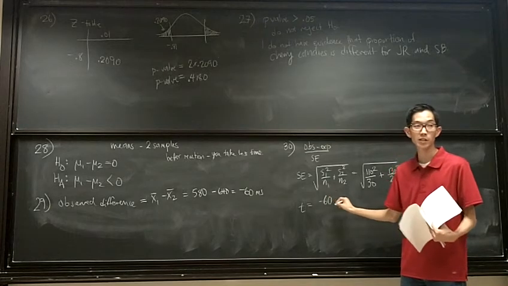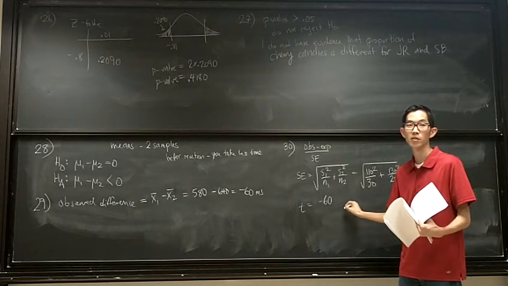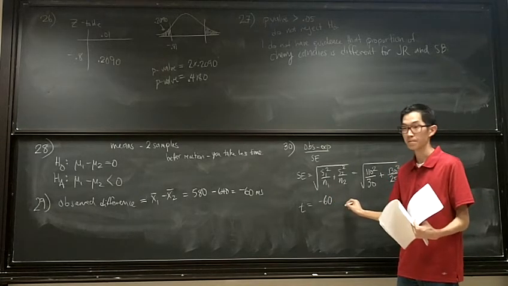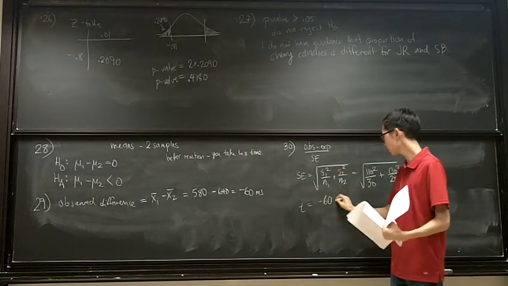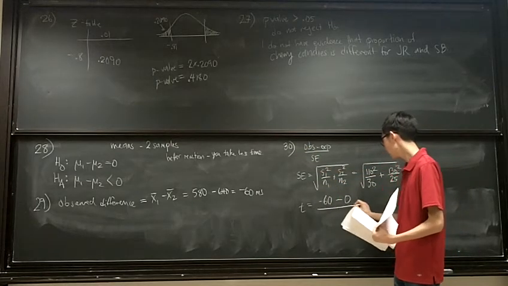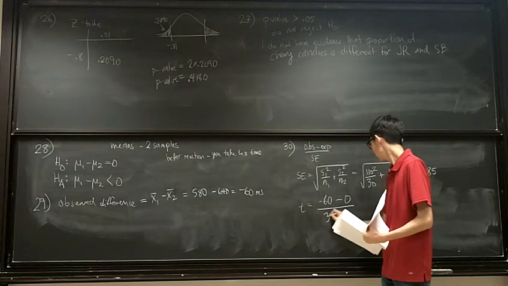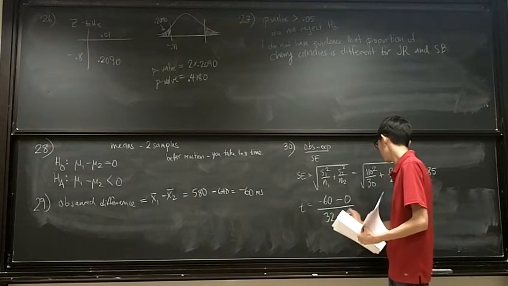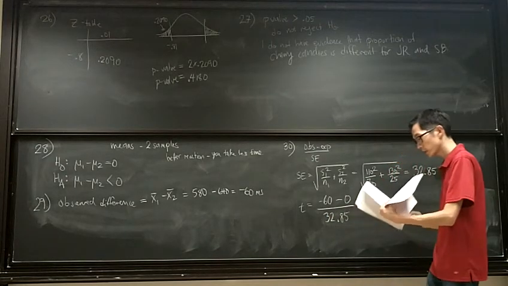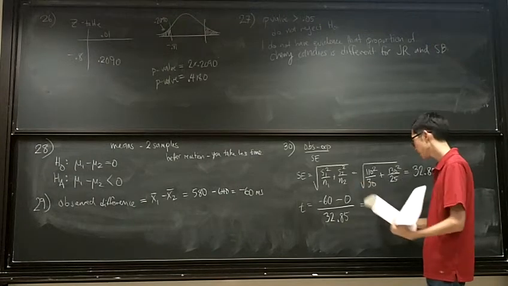What is my expected value? It's 0. It's whatever's in the null hypothesis. 0, and my standard error is 32.85. So I get negative 1.826.